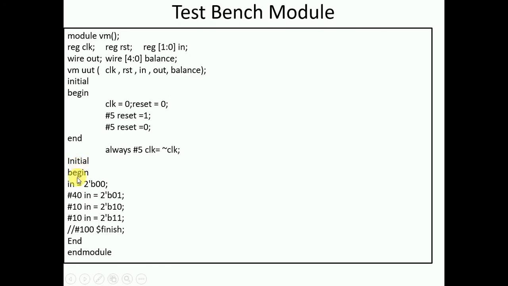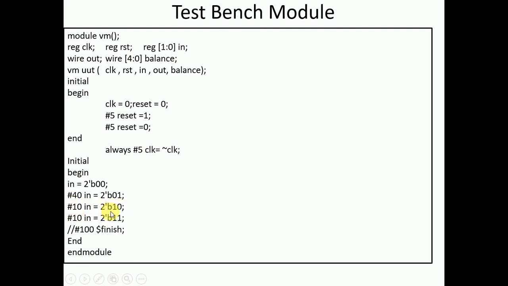Then initial begin. Now this bench is very simple because you just need to give the inputs. First, let us initialize our input to 2-bit binary 00. That means at this stage we have not inserted any coin. Then after 40 seconds we want to insert a nickel coin, that is a 5-cent coin, that is input 01. Then after another 10 seconds we insert a dime coin.